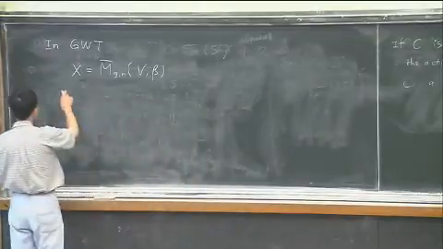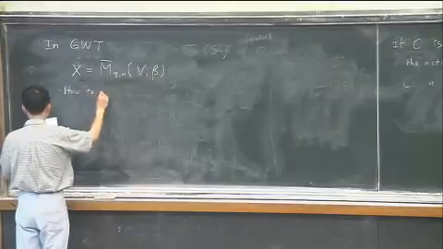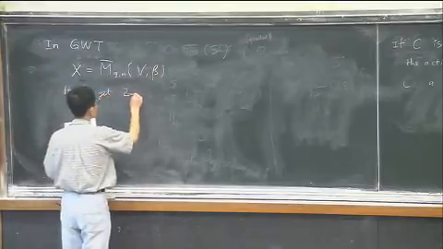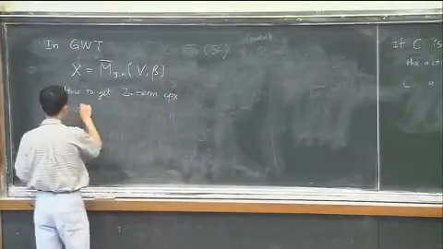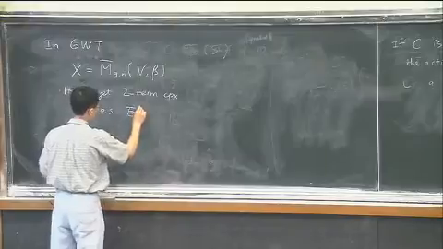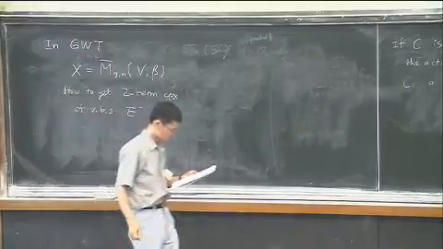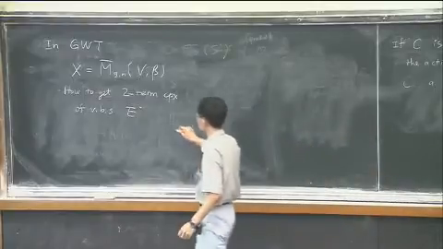So how do I get the two-term complex of vector bundles? The first question is, how do I get this?